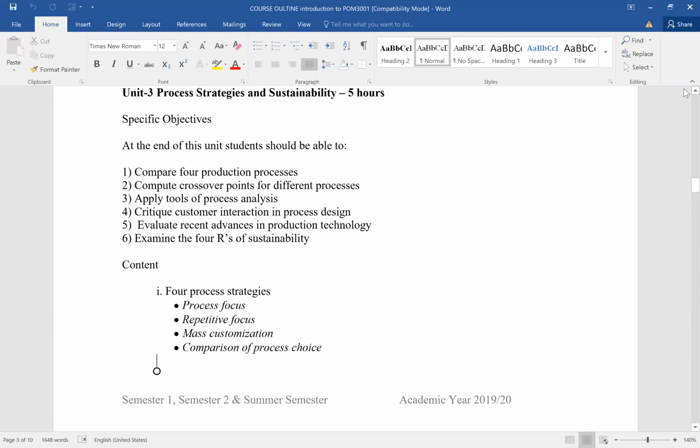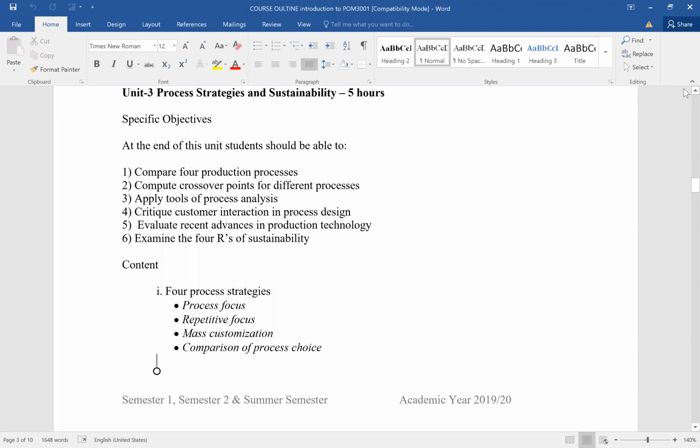Okay, so for unit 3, we're going to be looking at process strategies and sustainability. And once you finish this, you should be able to compare 4 production processes, and those 4 processes we're talking about are process focus, repetitive focus, product focus, and mass customization, right? You should be able to compute the crossover points for different processes, apply the tools of process analysis.